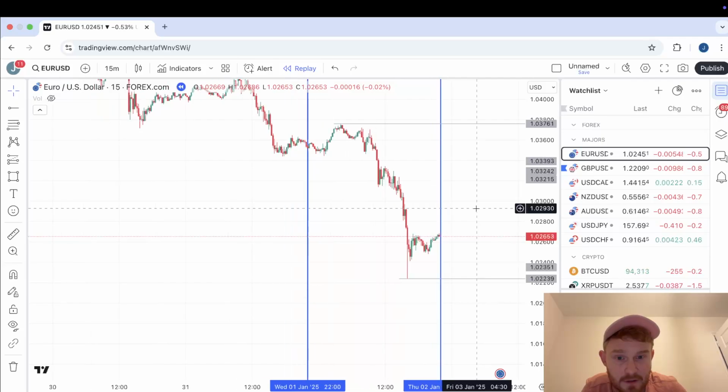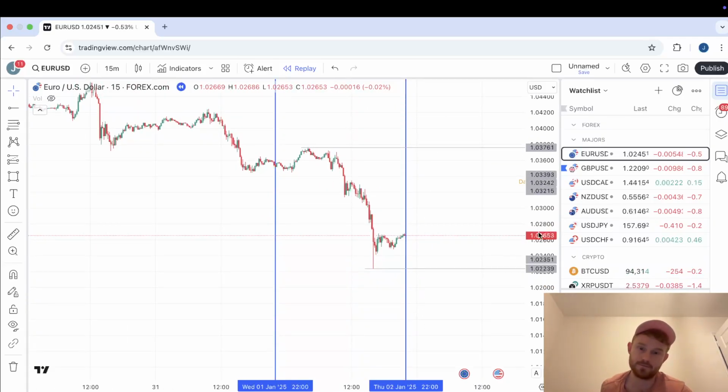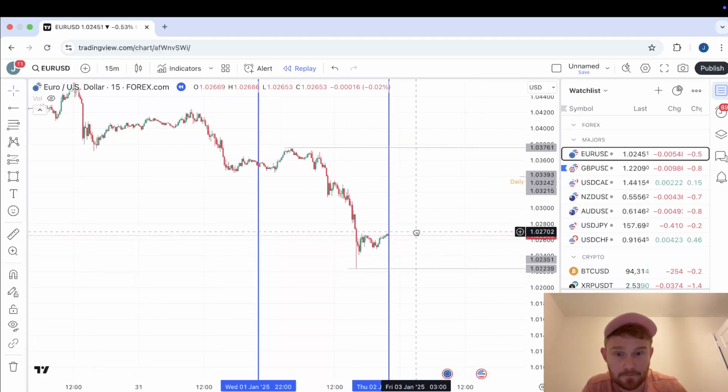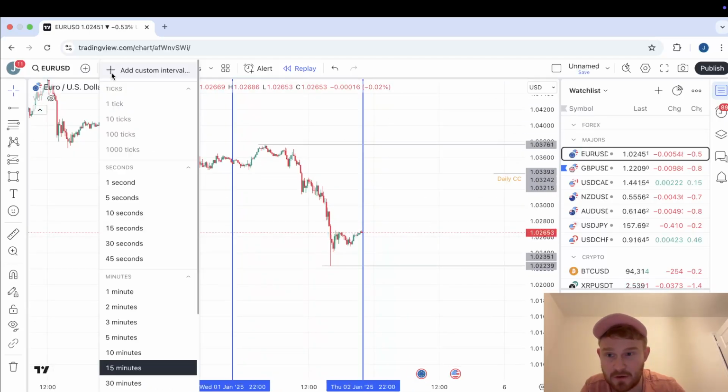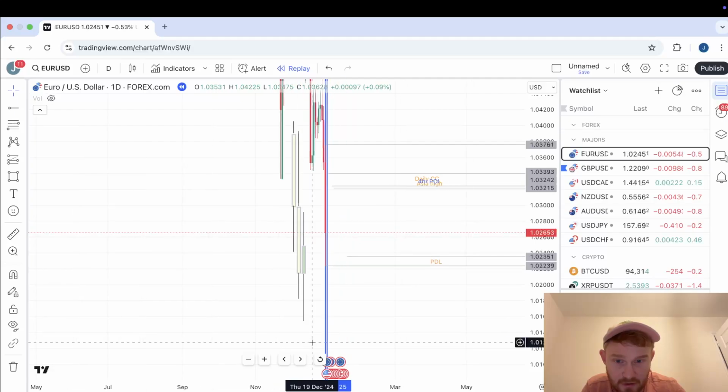Whenever I'm doing the daily outlook review videos for what I'm looking for, I always say that I'm looking for price to retest the low of the day. And this is basically what I mean by it. So you can tell what the low of the day and the high of the day are based on the wicks of the candles.